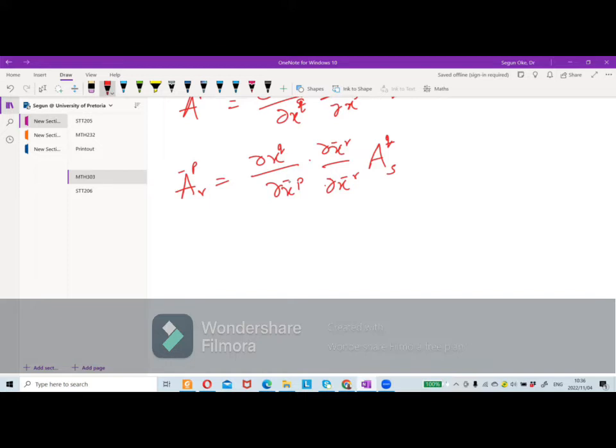These are the definitions they will also be asking us.